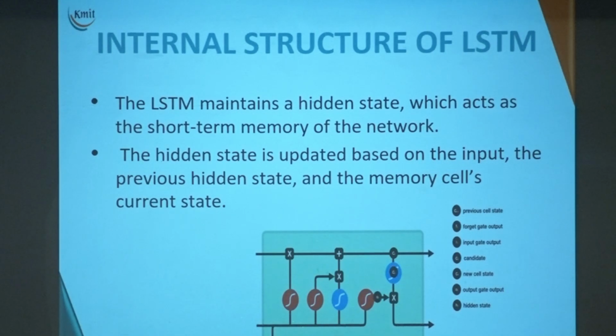That short memory is here in LSTM. The name is long short-term memory. The short-term memory is a part of RNN only. That's why I told you it is an enhanced version of recurrent neural network. It's not completely new, so that short-term memory part we are retaining as it is. So the hidden state acts as a short-term memory, and it is based upon the input, the previous hidden state and the memory cell's current state, same as your RNN.